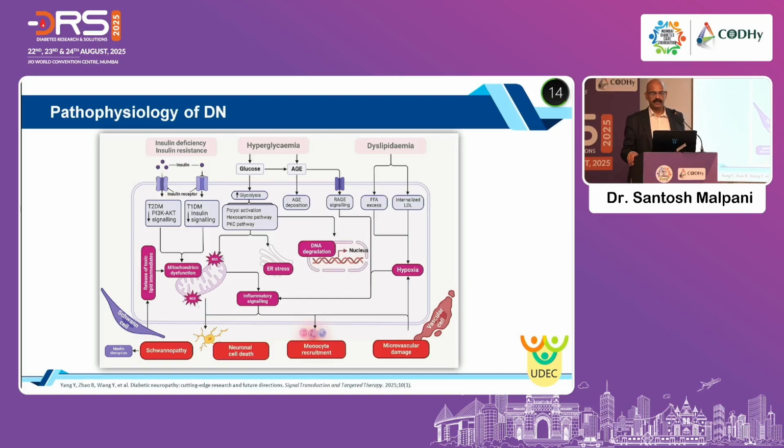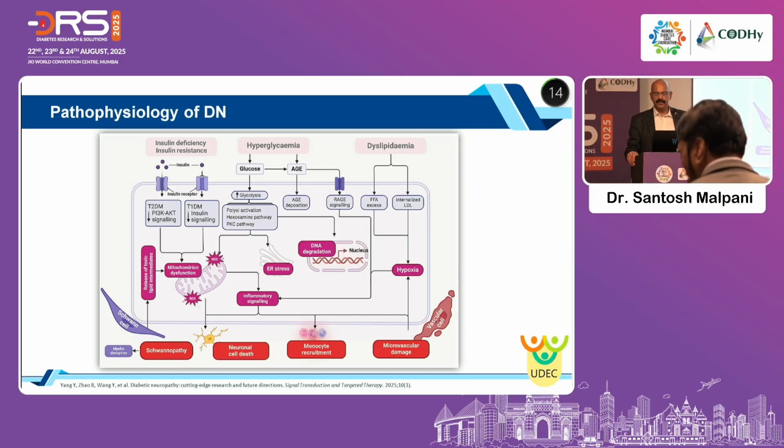We can have various drugs based on the pathophysiology, and insulin deficiency or insulin resistance can lead to faulty signaling of the insulin receptor, that can lead to activation of various pathways. Hyperglycemia, when it enters the cell, can lead to the activation of other pathways than the routine pathways, that is the polyol activation and all those pathways that will lead to certain changes in the intracellular milieu.